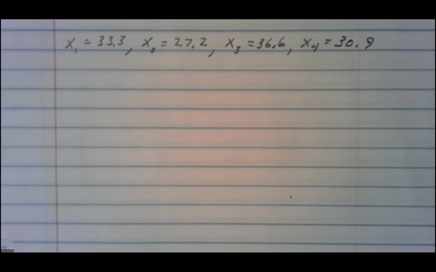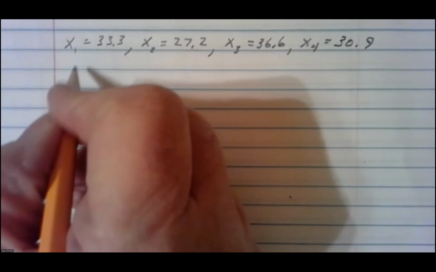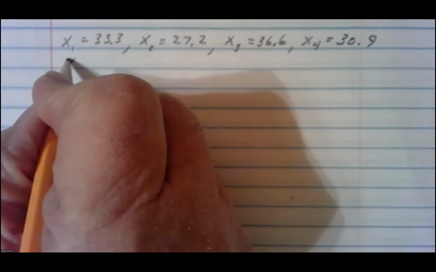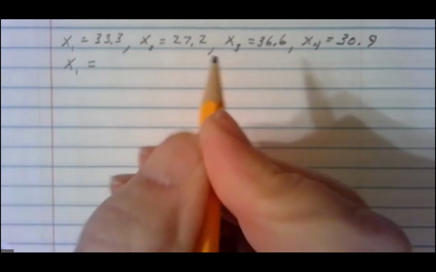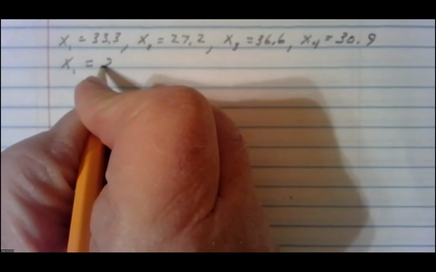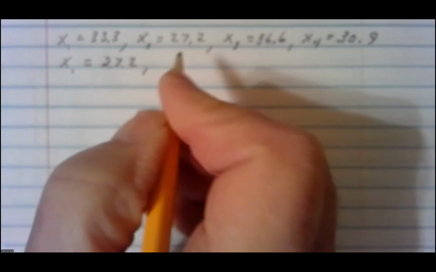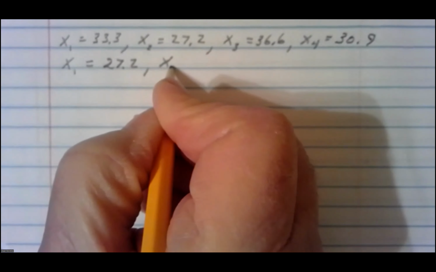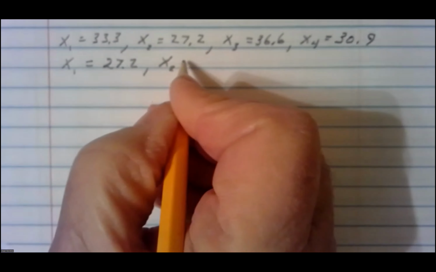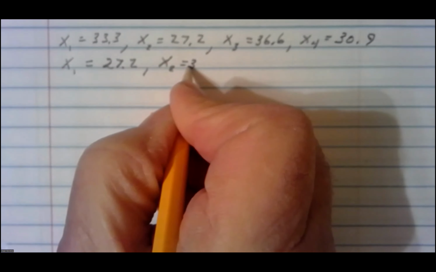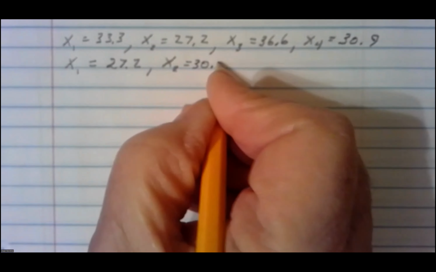I think the smallest is 27.2, so I'll let that be my X1. Then the next is 30.9, and I'll let that be my X2. So let's write that down. I'm going to reorder this. X1 is going to be equal to the smallest, which is 27.2. X sub 2 is the next to the smallest, which is equal to 30.9.